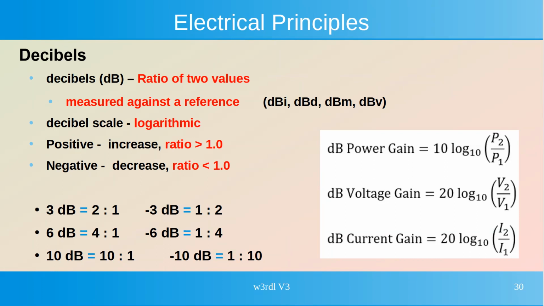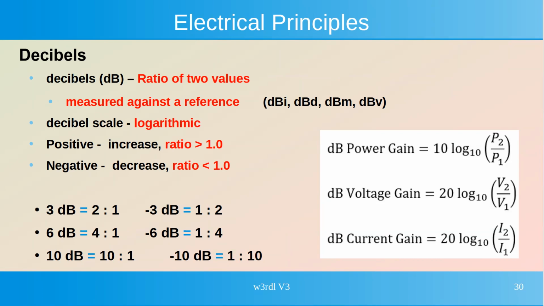So that's why if you're doing a voltage gain or a current gain, it's 20 times the log. Whereas if it's just a power gain, it's 10 times the log. And the only reason those multipliers are there is just to give it a slightly bigger number instead of dealing with things at the decimal point level all the time.